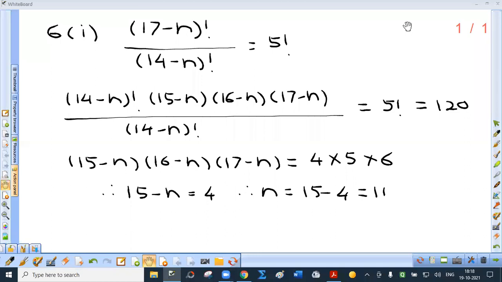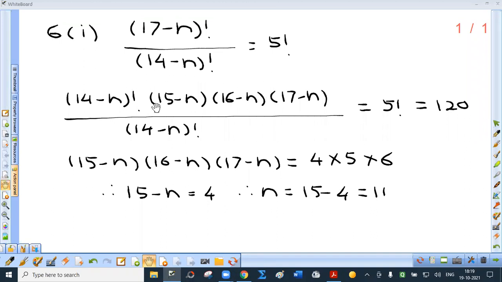Question 6. Find n if, first part, 17 minus n factorial upon 14 minus n factorial equal to 5 factorial. Which one is greater? Obviously 17 minus n is greater. Factorial of greater can be expressed in terms of factorial of smaller. How?